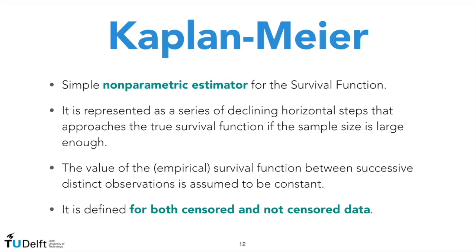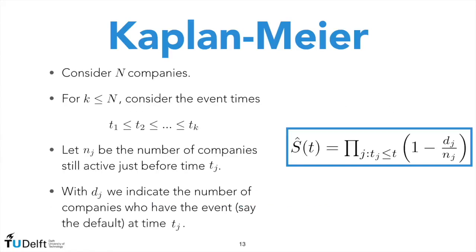The value of the empirical survival function that we obtain with the Kaplan-Meier estimator is assumed to be constant between two successive distinct observations. Consider n companies, and for a k smaller than or equal to n, take into consideration the ordered event times t1, t2, ..., tk.